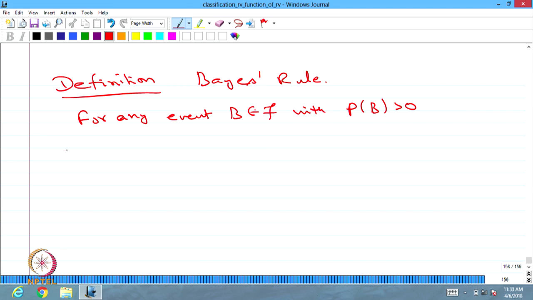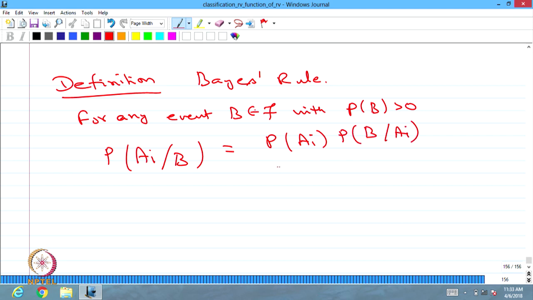In that case, one can find P of the partition event Ai given B, that is the same as P of Ai multiplied by P of B given Ai, divided by the summation over j of P of Aj multiplied by the probability of B given Aj.